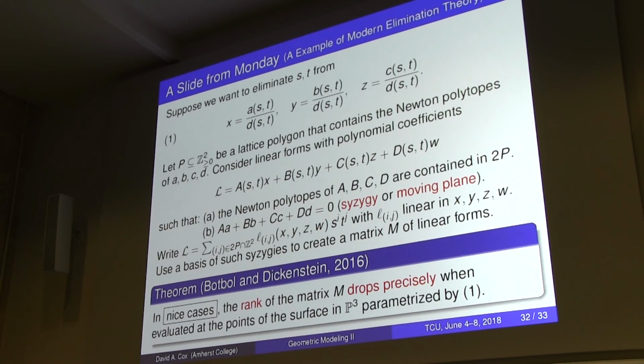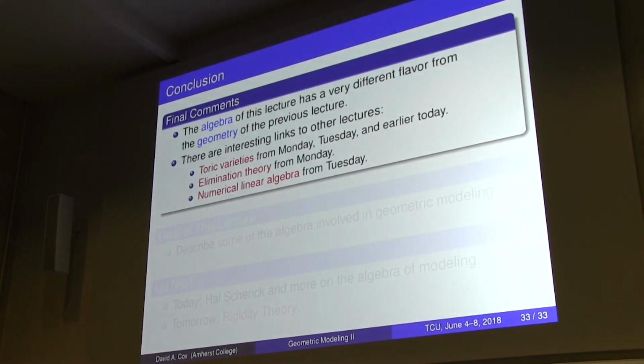And so to finish up, we've done a lot today. Notice the algebra, it's a very different flavor from the geometry that we did last time. If you think about the pictures and the cool stuff, there were some pictures here, but the algebra was really much more dominant. And notice that we saw some toric varieties, and so those appeared.